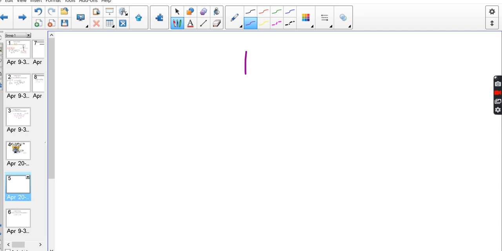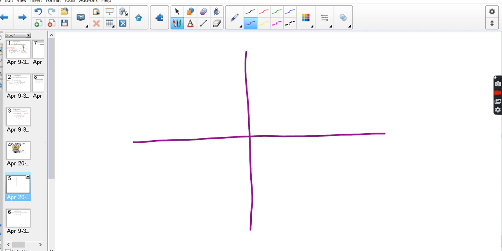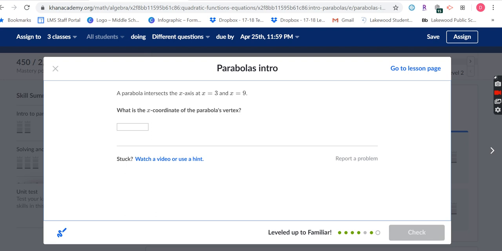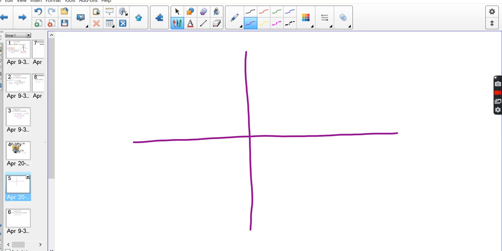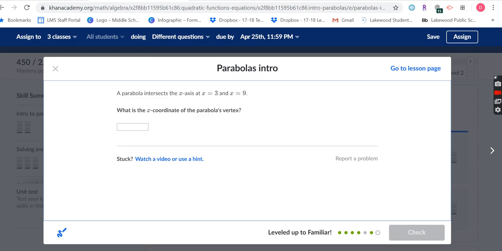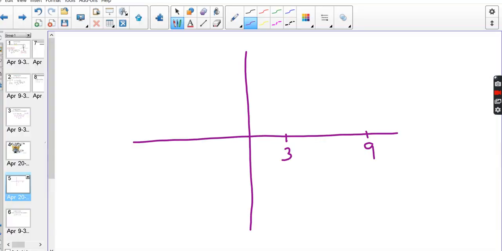So here's my graph. I need x-intercepts at x equals 3 and x equals 9. They want to know the x-coordinate of the vertex.